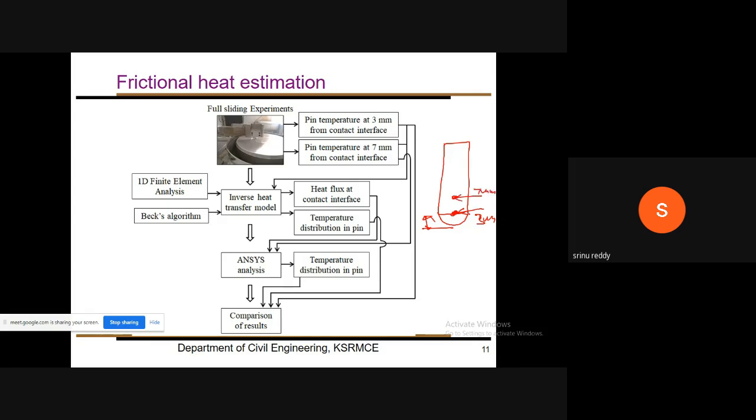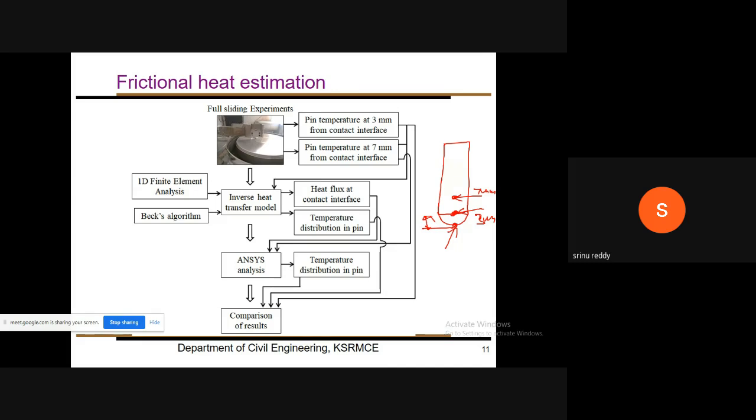From these temperatures, we want to interpolate the temperature at the contact surface. Why? Because we can't arrange any thermocouple at the contact surface; because of the friction process, it may get damaged. That's why, from locations away from the point of interest, we arrange two thermocouples.